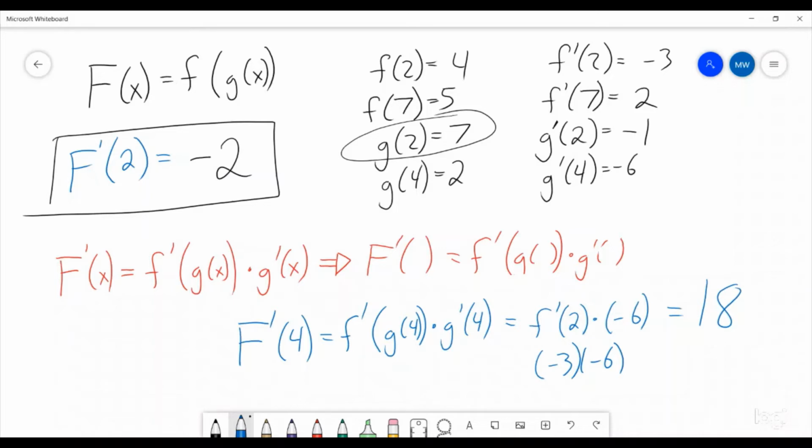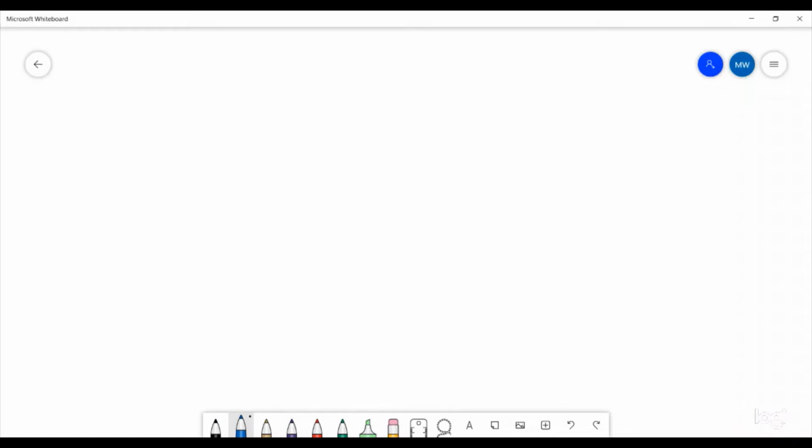Okay, let's look at a just straight up quotient rule problem. We have f of x is equal to e to the x minus 4x cubed, divided by 2x minus 1. Okay, we are looking at what is f prime of 0.